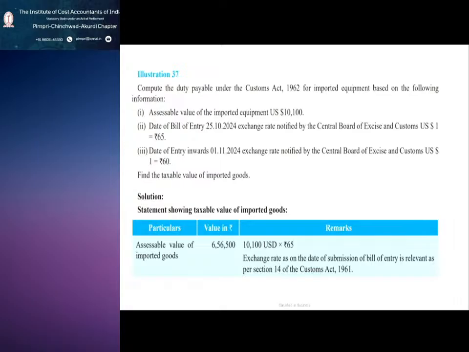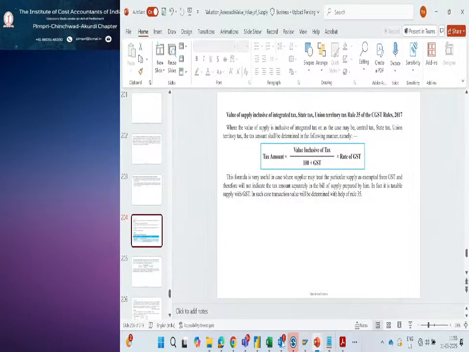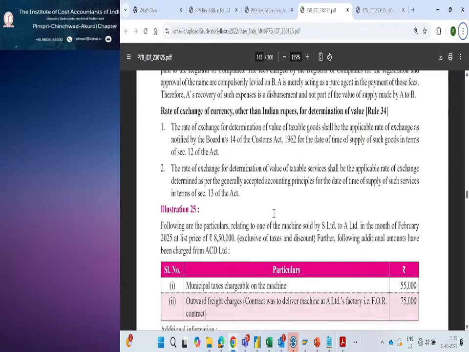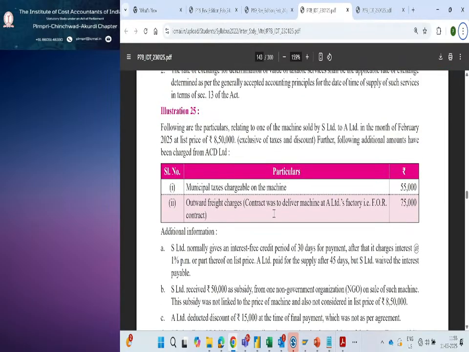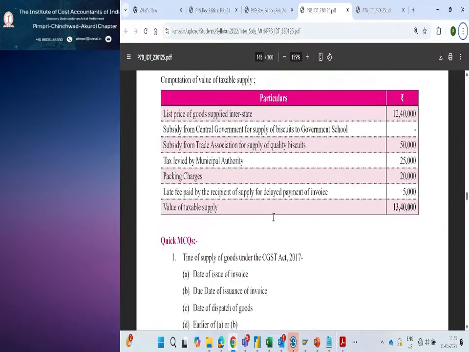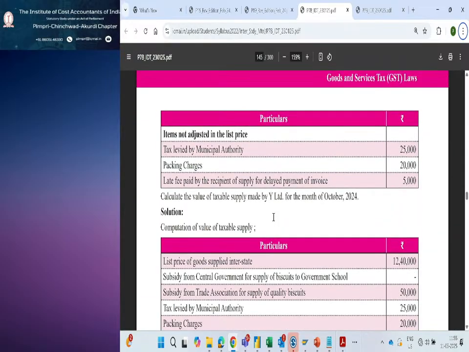You can now have a look in the material at those rules and valuation of supply, even taxes, commission, packages, subsidies. I think we have 2-3 problems here.